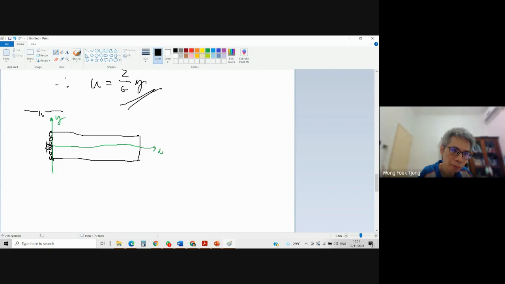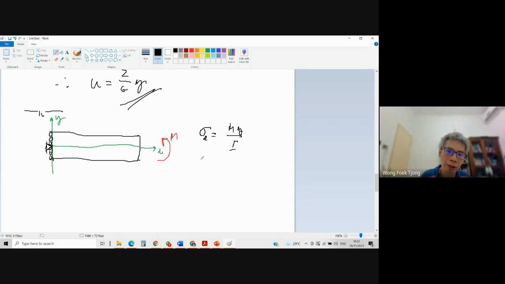Since the force is pure bending, from the previous lecture we calculated the stress in the x direction only, because the other stress components are 0, right? The result is My over I, and this is exactly the same as what we get from classical beam bending theory.